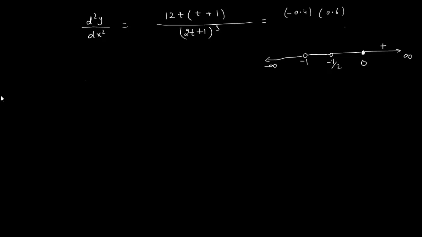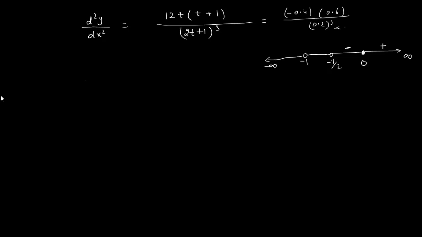So this is a product of a negative and a positive, and we end up getting some negative number. And here, 1 minus 2 times 0.4 is 0.2, so the cube of 0.2 is positive. So the denominator is positive, the numerator is negative, and ultimately we get some negative number.